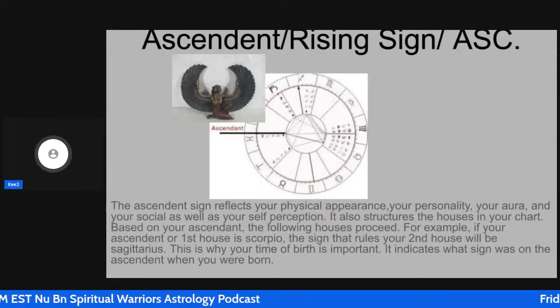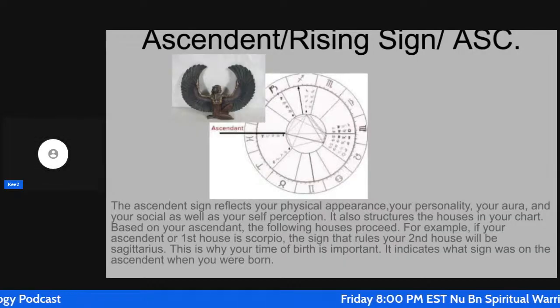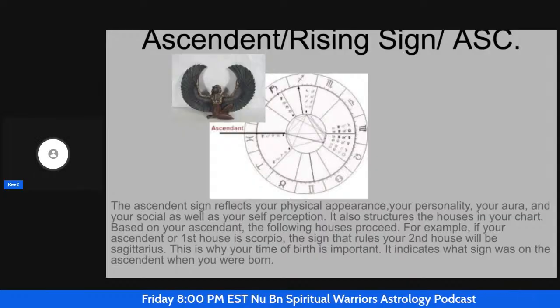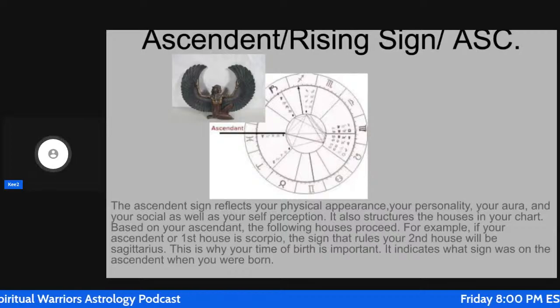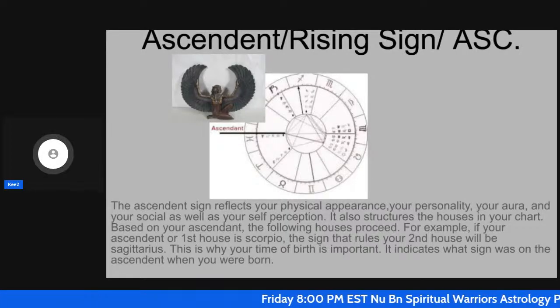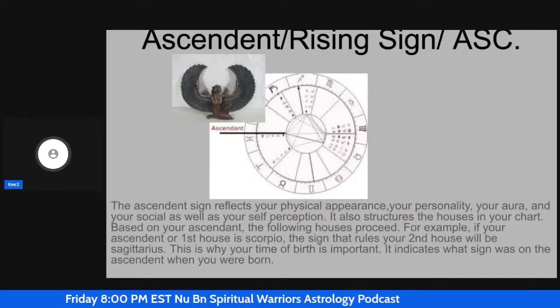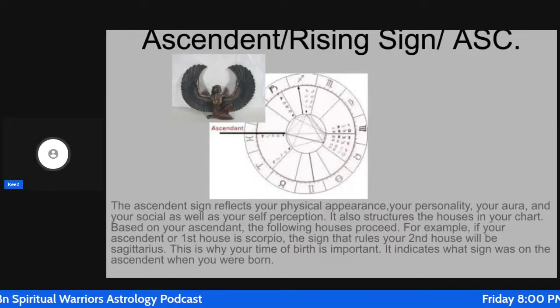Another thing I would like to add to your understanding is the ascendant, or rising sign, as it is sometimes referred to. You'll see it on the chart as the ASC, or sometimes just as the AS. The ascendant sign reflects your physical appearance, your personality, your aura, and your social as well as your self-perception.